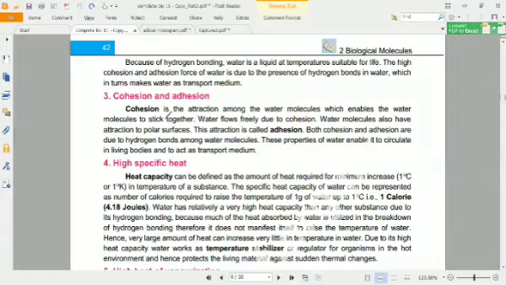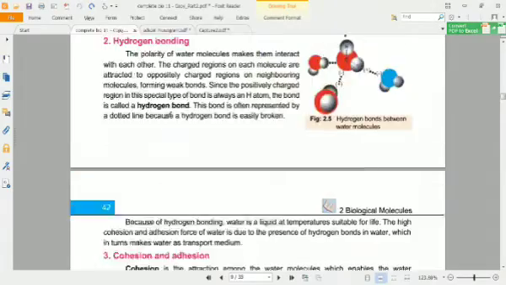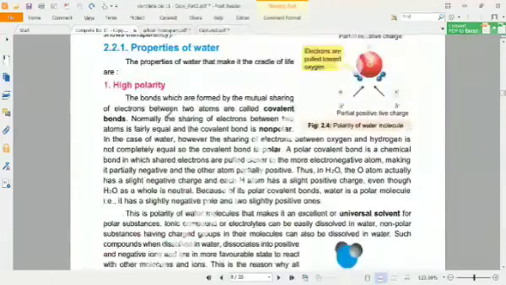Dear students, yesterday we discussed properties of water. In that we studied high polarity. Due to this quality, all these properties which we are going to study, water is the universal solvent.